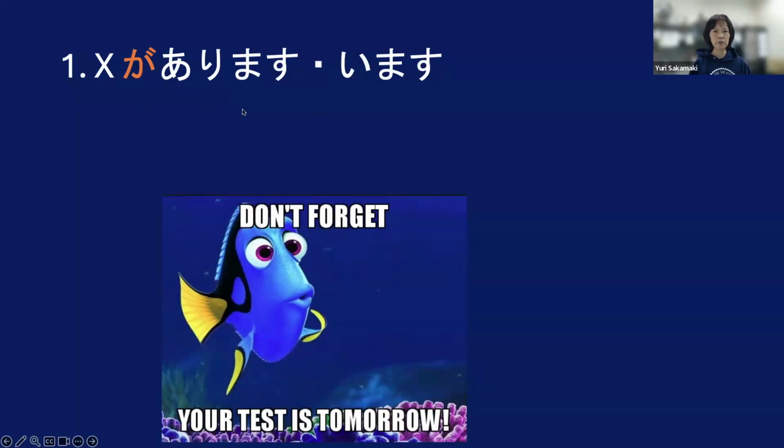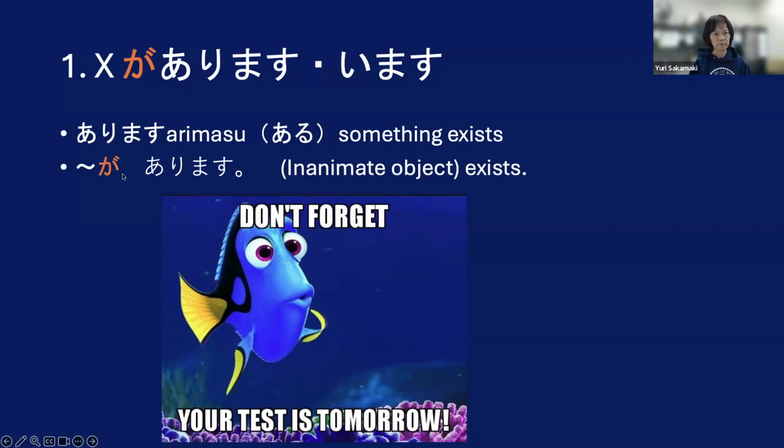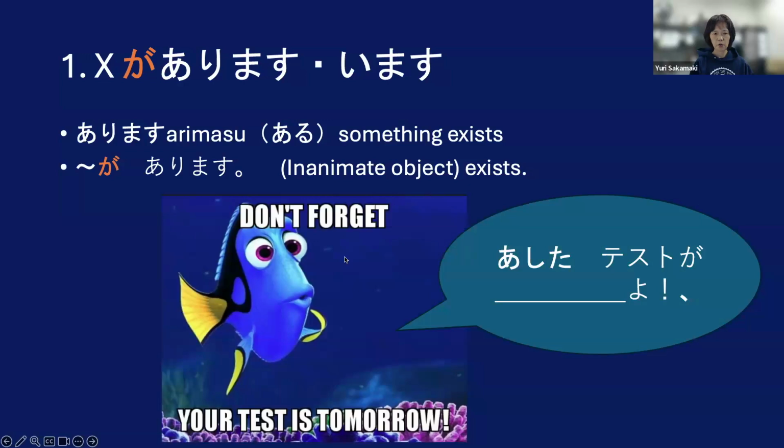And when you want to say what exists, we're going to indicate that object as, or it's actually a subject of arimasu, we use ga. So arimasu or aru, something exists. So if we say testo ga arimasu, then there's a test. And that's how we would say we have a test tomorrow. So Dory might say, 明日テストがありますよ. It's a test.